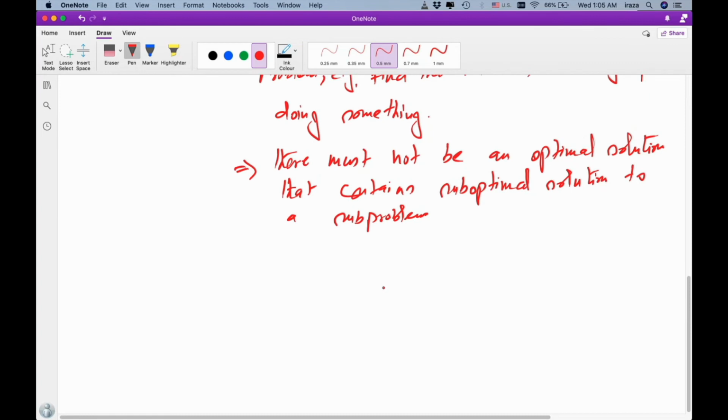So this distance vector was initially proposed by Bellman, right?